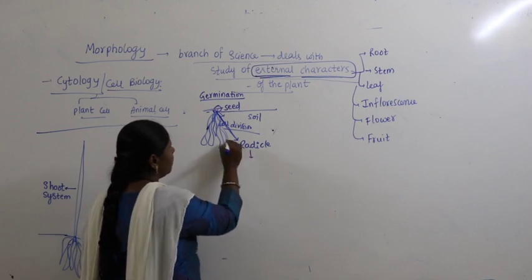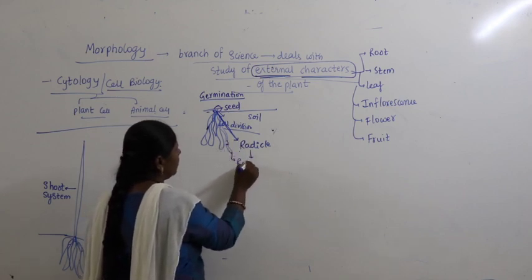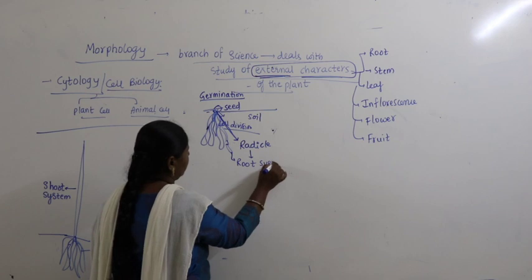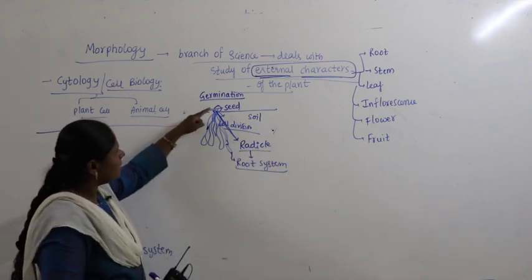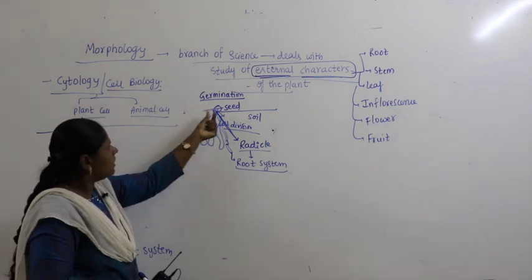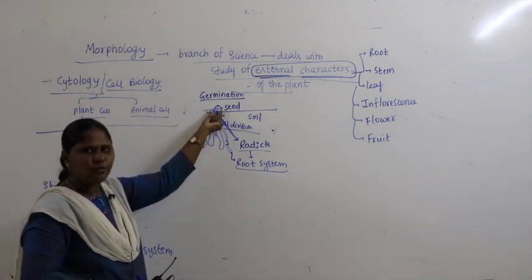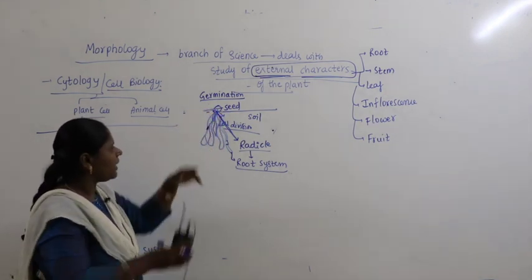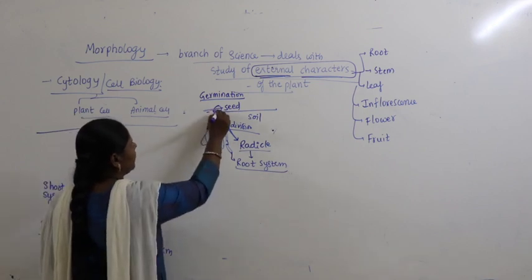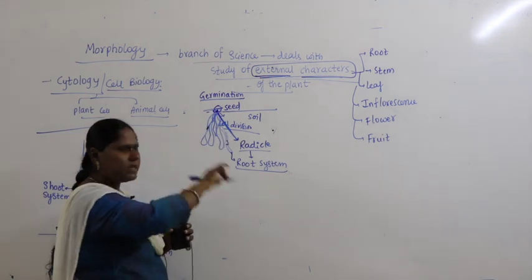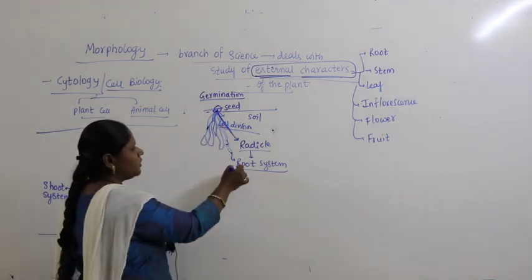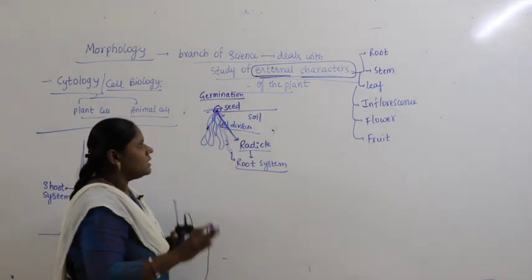The radicle is the one which gives rise to the root system. So when the seed is undergoing cell division, the cell which leads to formation of the root system is called the radicle.